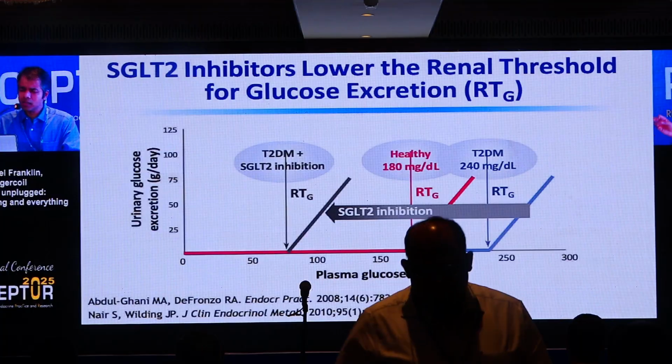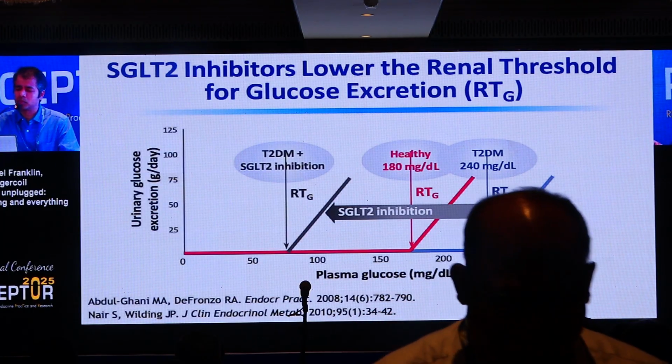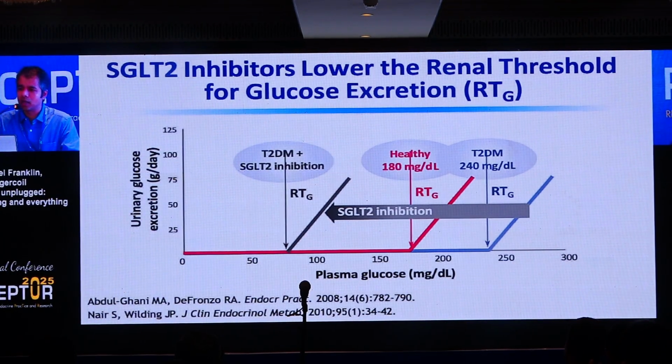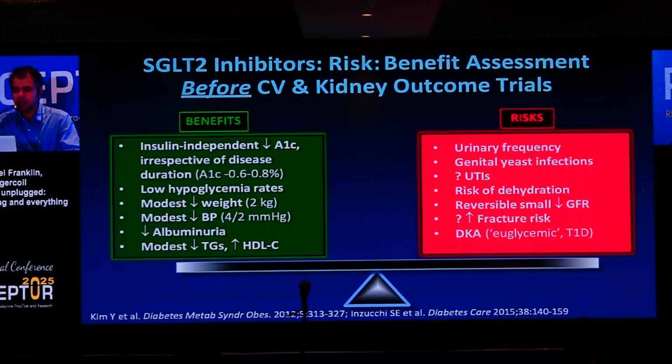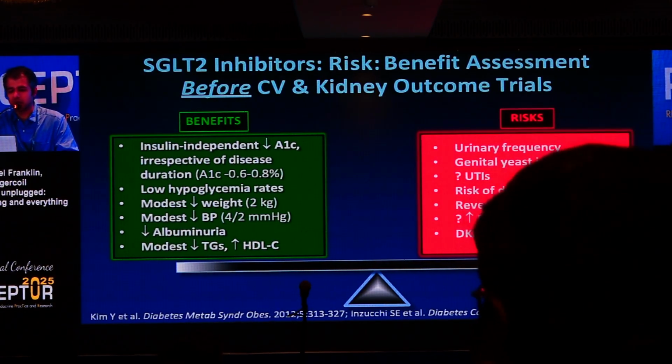And if the patient is reaching hypoglycemia level, SGLT1 gets activated more, thereby preventing the hypoglycemia.